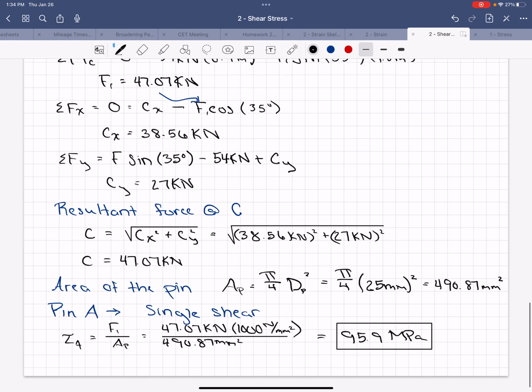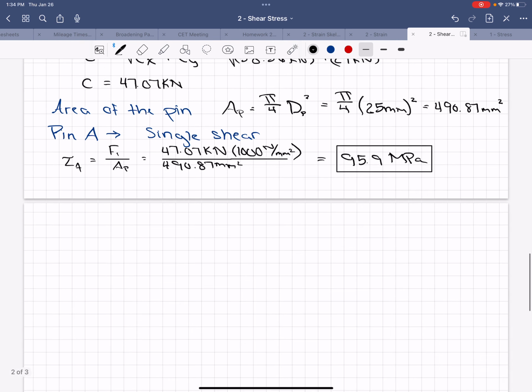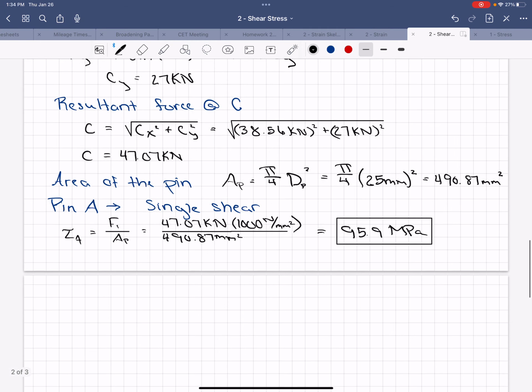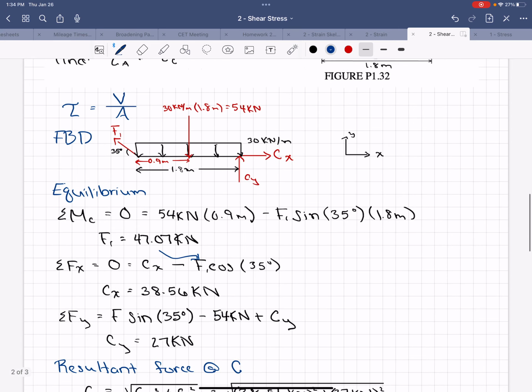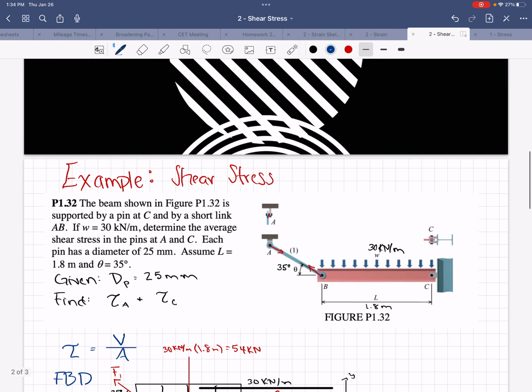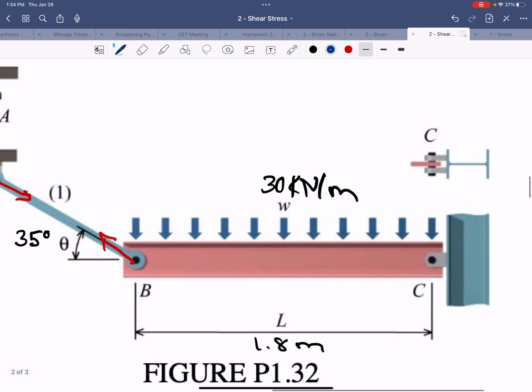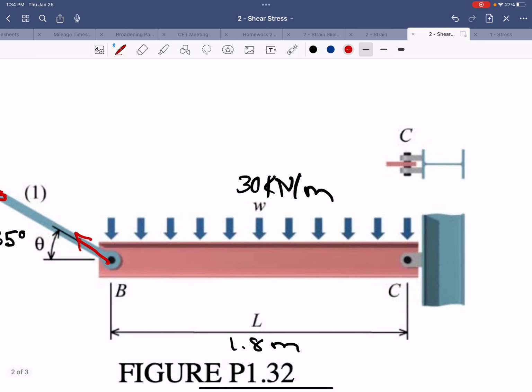Okay, so now when we look at pin C, this pin is in double shear. So if we look at this, it has a shear plane here and a shear plane here.